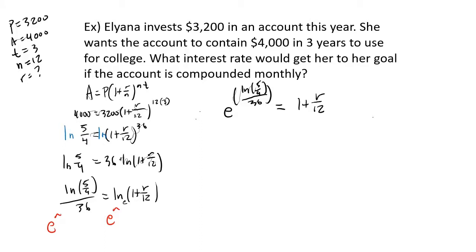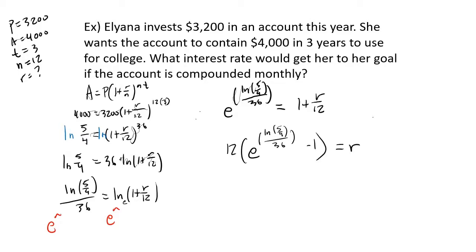If we just need to solve this for r, we would say it's 12 times (e to the power of ln of 5/4 divided by 36, minus 1). Horrible, right? But that's what r is going to be.